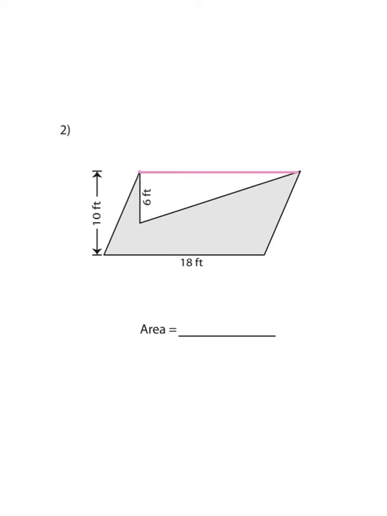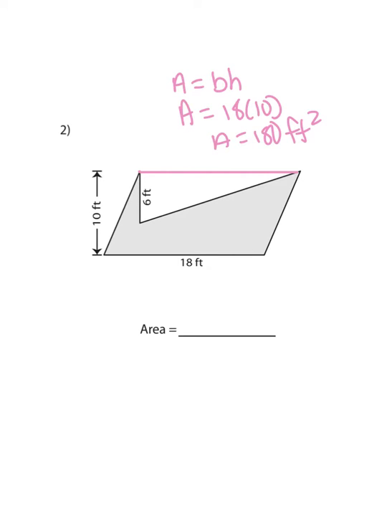So first we need to start with the area of the parallelogram. And the area of the parallelogram is going to be area equals base times height. So my base is 18 right here, and the height of it is 10 feet. So that's going to be area equals 18 times 10. Which is 180 square feet.